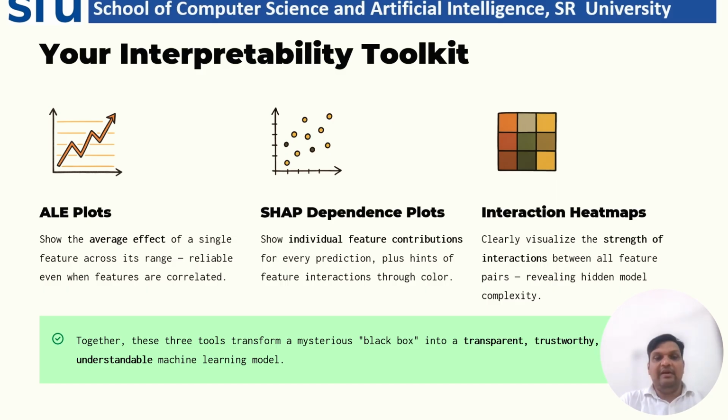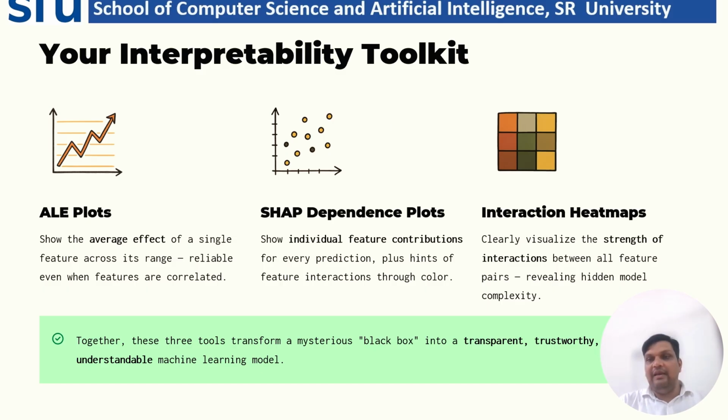Interaction heat map clearly visualizes the strength of interaction between all features, revealing hidden model complexity. Together, these three tools transform a mysterious black box into transparent, trustworthy, and understandable machine learning models.